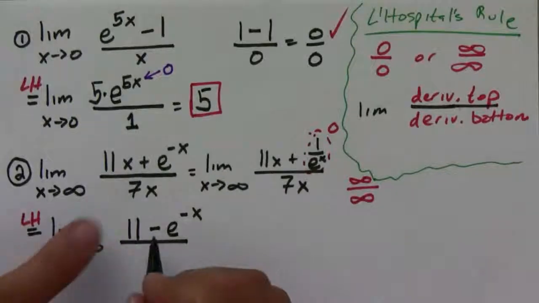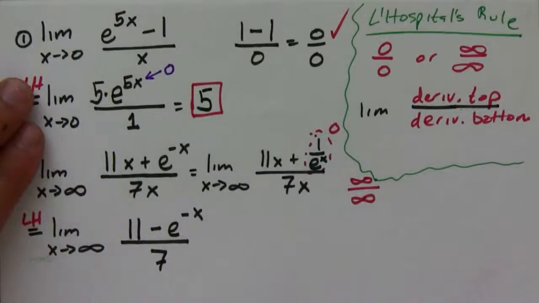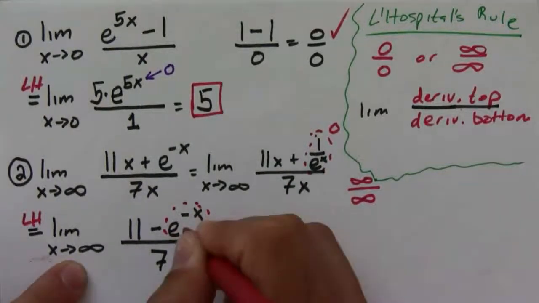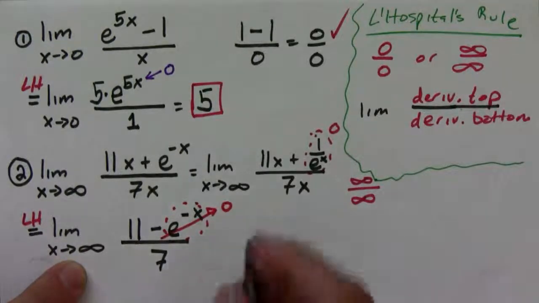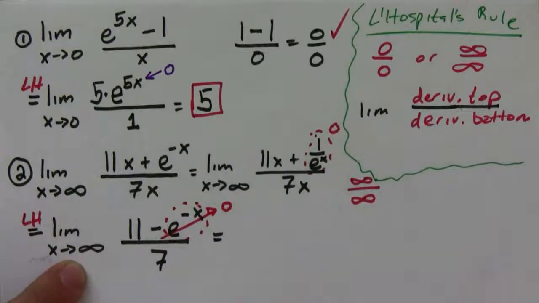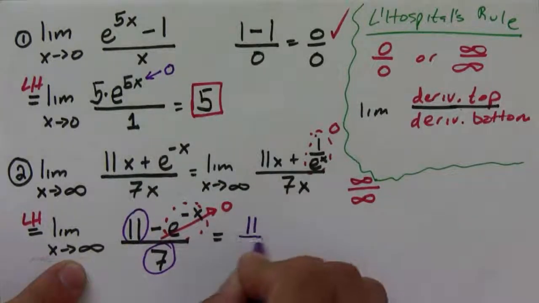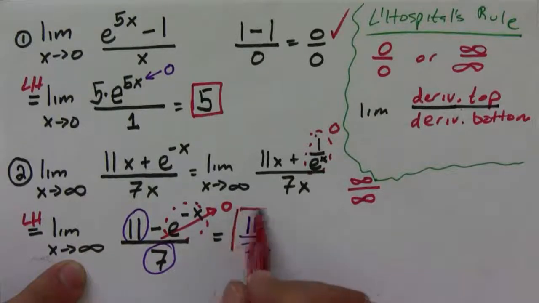Okay, and then the derivative of the denominator is just 7. And now if I take the limit as x goes to infinity, notice that this one still goes towards 0. And so what I'm left with is simply 11 over 7. And that's my answer.